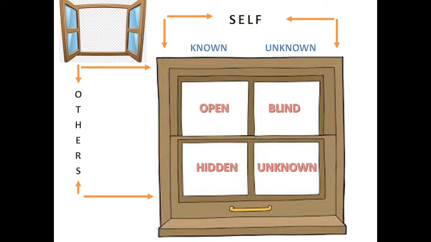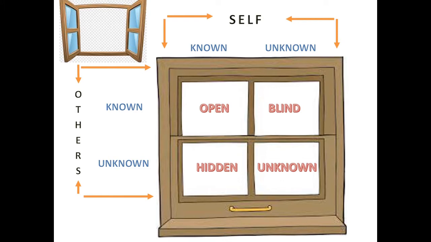At the left side, you know, and at the right side, you don't know, or unknown to self. Further, the descriptor others is described as the upper is known to others, and the lower is unknown to others. Now, the 4 panes will be described with greater clarity if we now intersect the self descriptor and the others descriptor at the above and at the left.